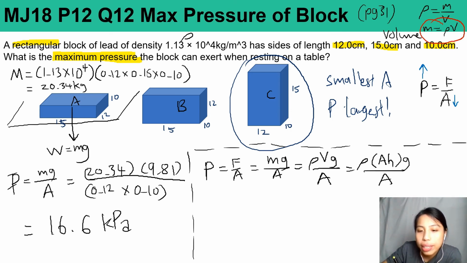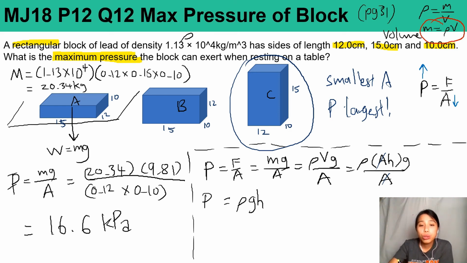Oh, so area cancels out. So all that's left is just P equals rho hg, or rho gh. Rho gh sounds nicer. Rho gh.